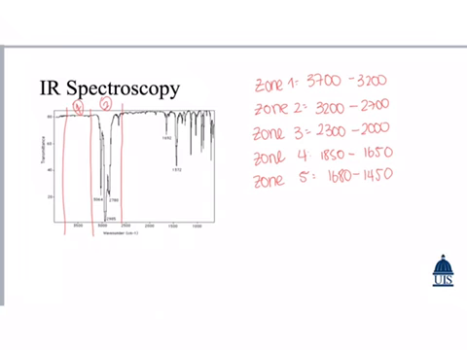The first peak is above 3000 by just 64, which means the presence of sp2. But the other 2 are located below 3000. This indicates the possible presence of sp3.